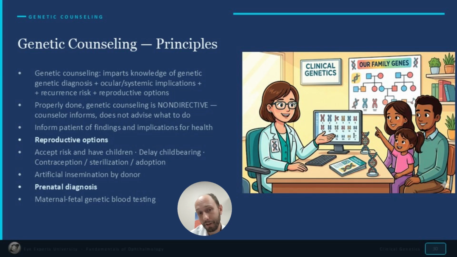So the options are you can accept the risk of children, you can delay childbearing, you can try in vitro fertilization, you can consider adoption. There are many things you can do. The other thing is now we have prenatal testing. So while you're pregnant, you can get tested and see what genes or gene defects your child has to make the decision.